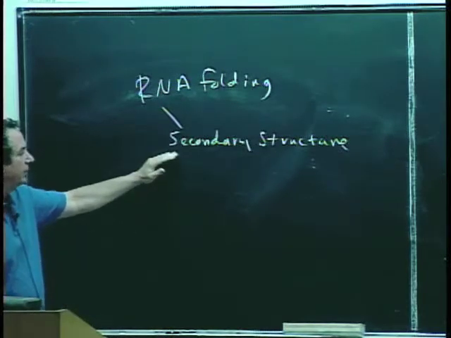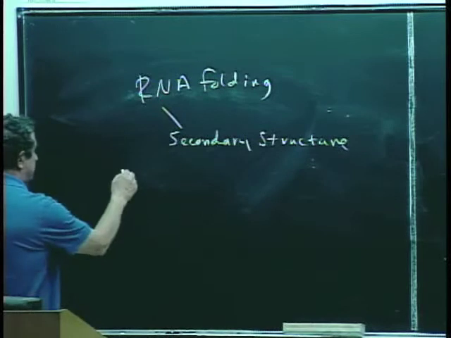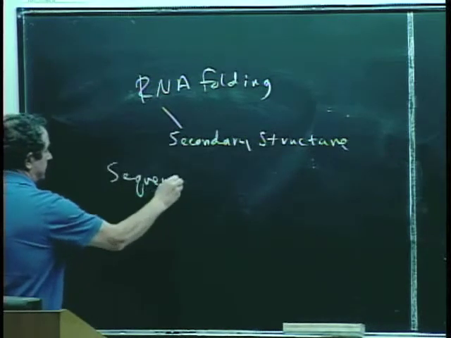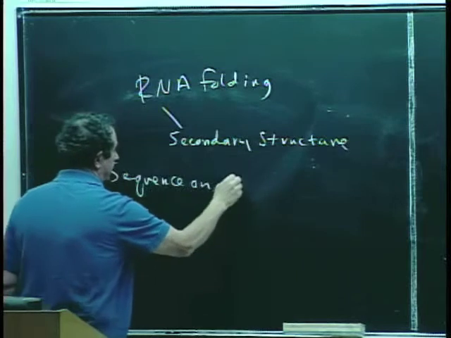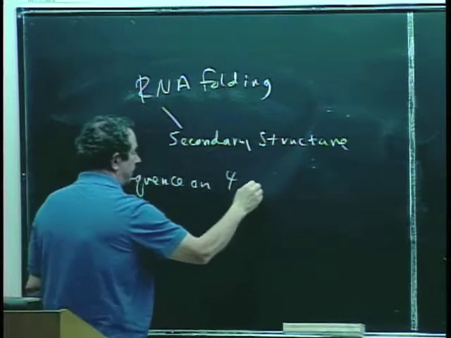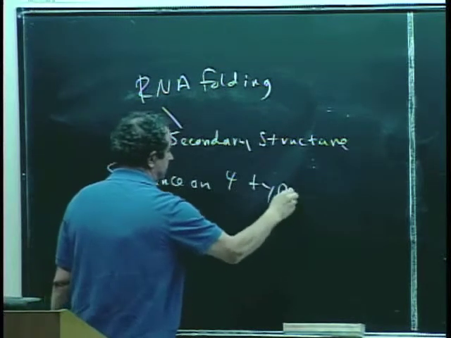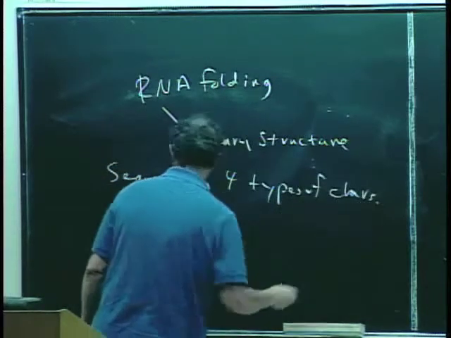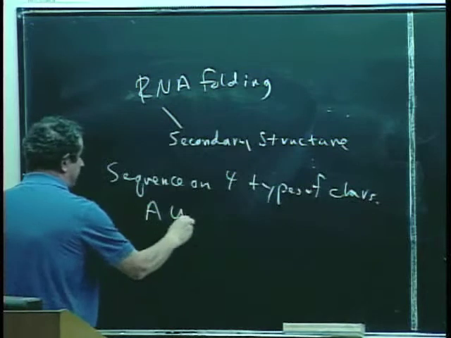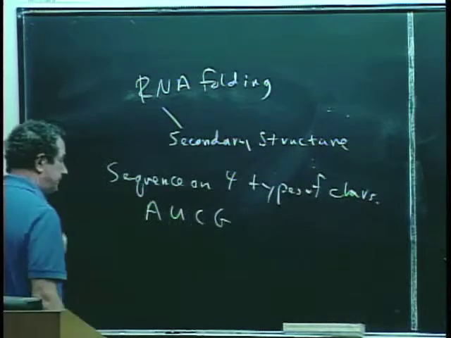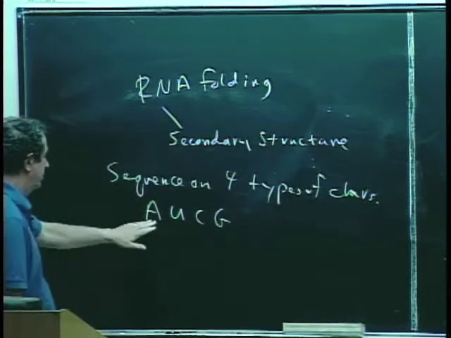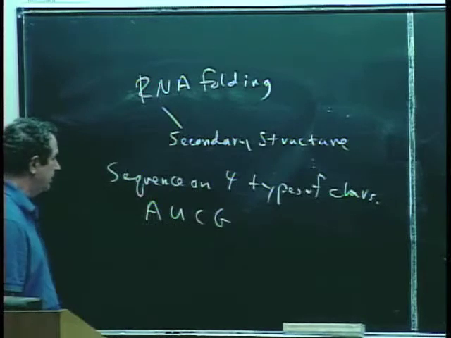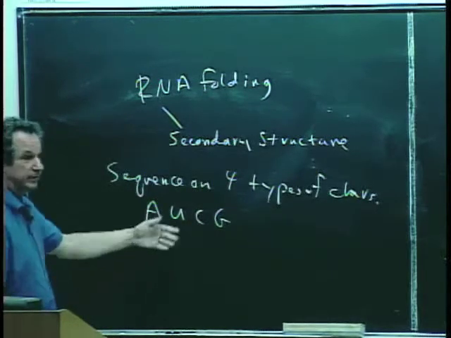So in RNA folding, you have an RNA sequence. An RNA sequence is just a sequence on 4 types of characters: A, U, C, and G. And so it's just some string, it could be quite long, that's composed of these characters.